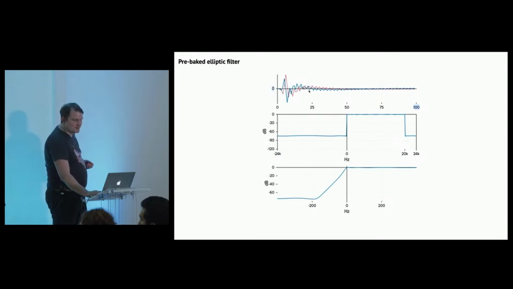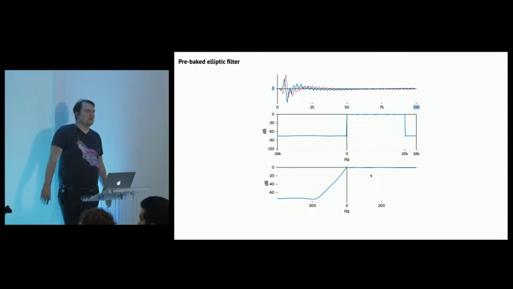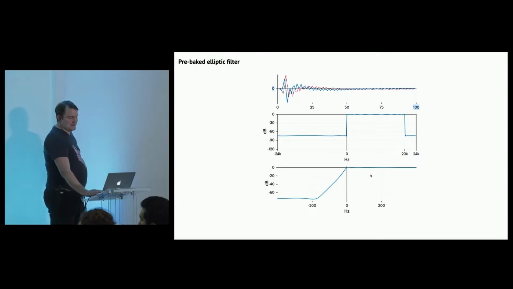This is my impulse response at the top, and this is my decibels. Between 0 and 20 kilohertz, I've told it to have 0.5 dB of ripple, and below 200 hertz, it's pretty negligible.